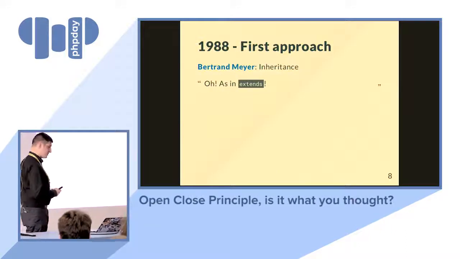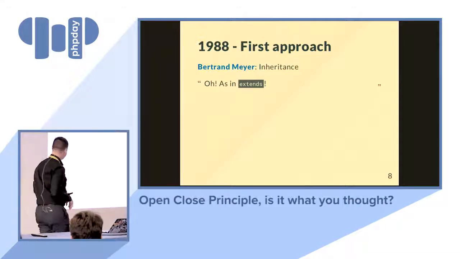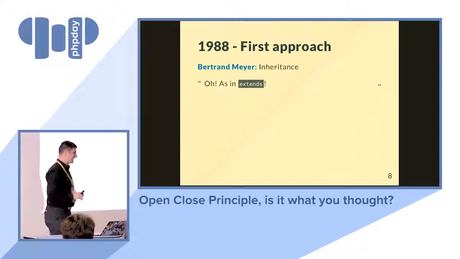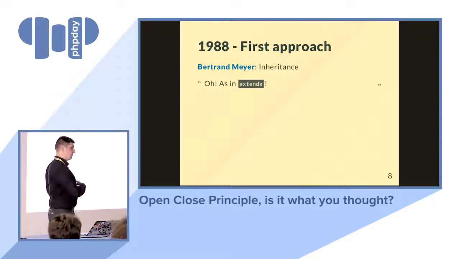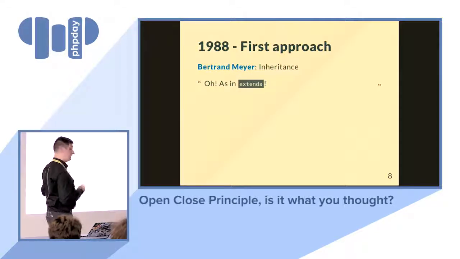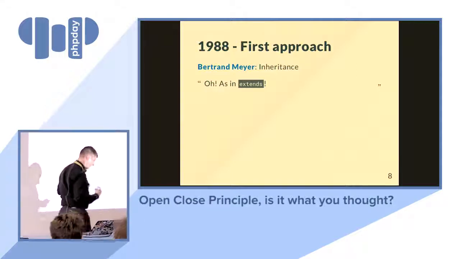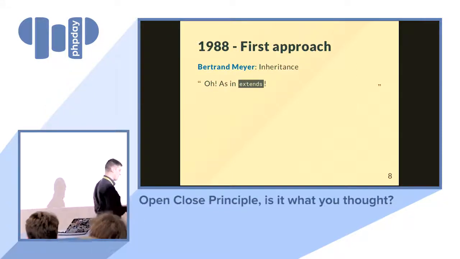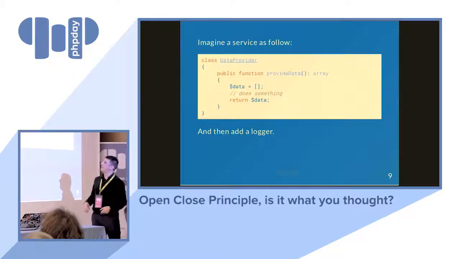You need to work around this, and how can you do that? The first approach, which some people in the room won't like, is basically extends. If you look at the definition again, you'll see that it extends something. So the first approach was: I'll inherit something and just override anything that doesn't suit me.